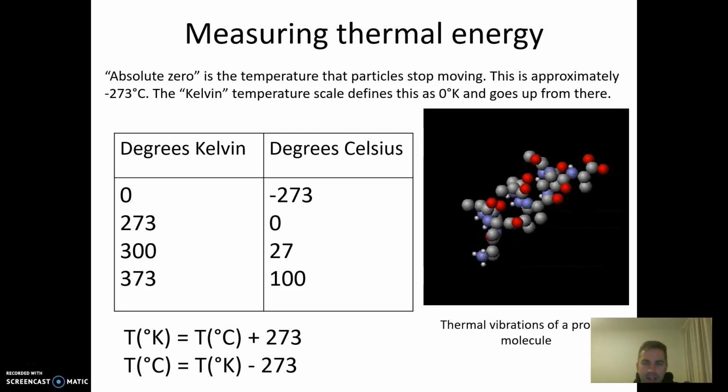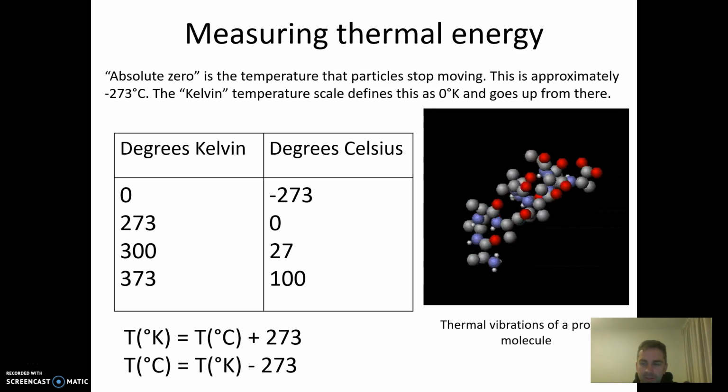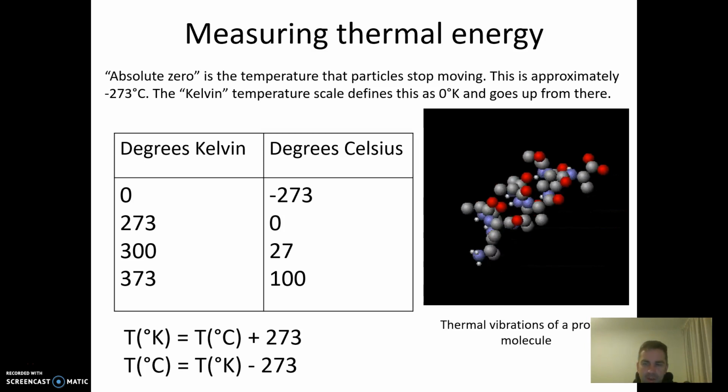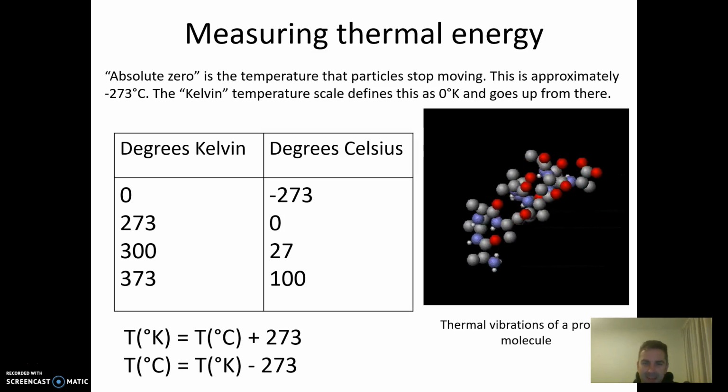It says that negative 273 degrees Celsius is 0 degrees Kelvin, and then it starts going up from there. The nice thing about this is that 1 degree Kelvin is the same as 1 degree Celsius. They just have different starting points.